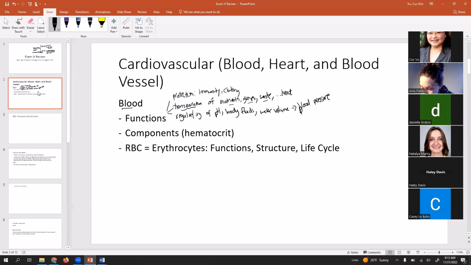Okay, so let's talk through that function a little bit more, just to make sure it makes sense. So here's my bloodstream. Here's my blood vessel. And let's say in that blood vessel, I regulate so that there's only 3 hydrogen ions. Okay, and let's say there's not enough, so I allow more hydrogen ions to enter. What am I influencing by moving hydrogen ions in and out of blood? pH.